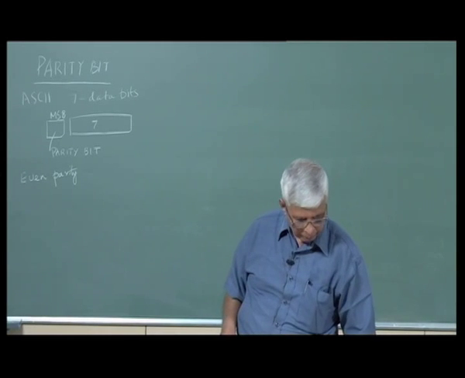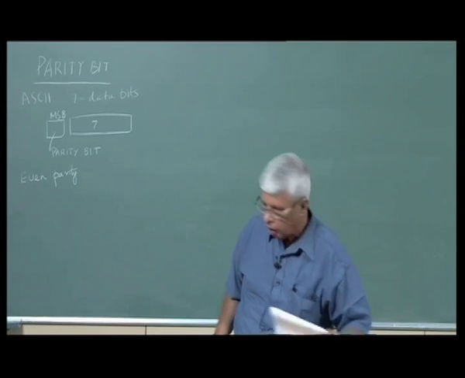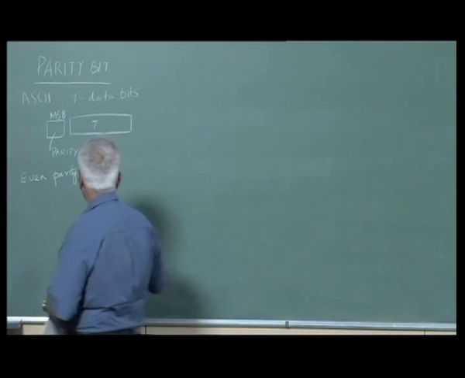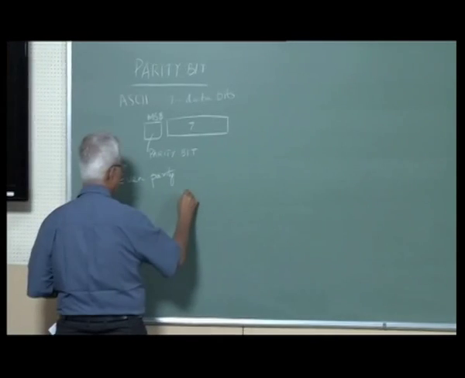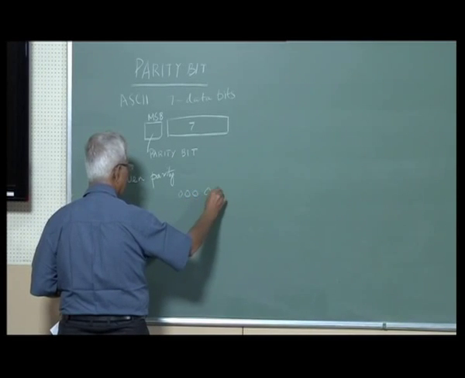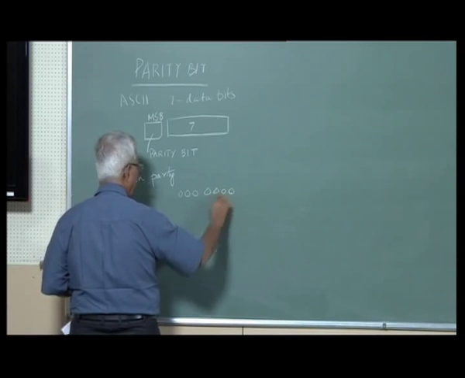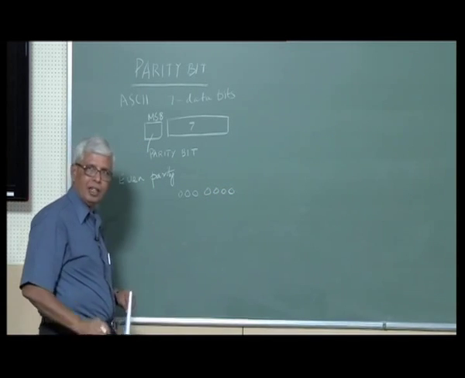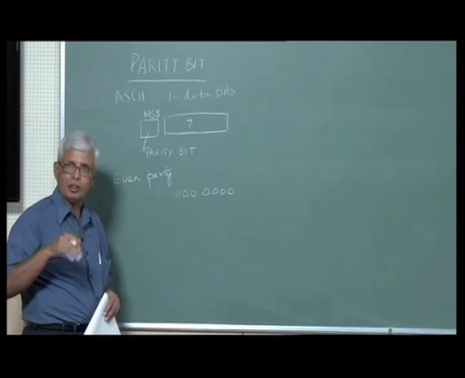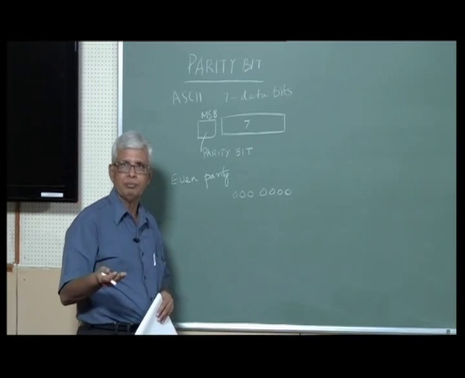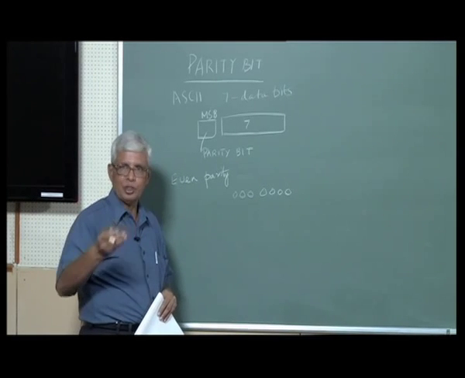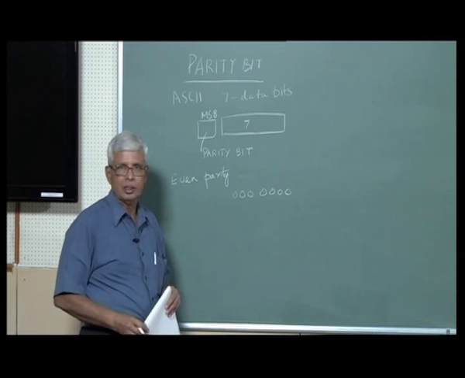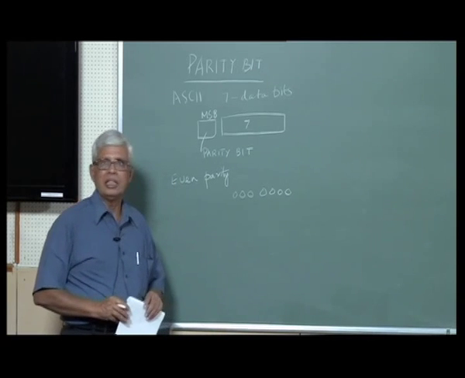So I will give you an example. All are zeros. 7-bit data is zeros. See, there are 0 ones. 0 is supposed to be an even number. 1 is odd, 0 is even. Usually that is the assumption. Usually we assume 0 to be even.